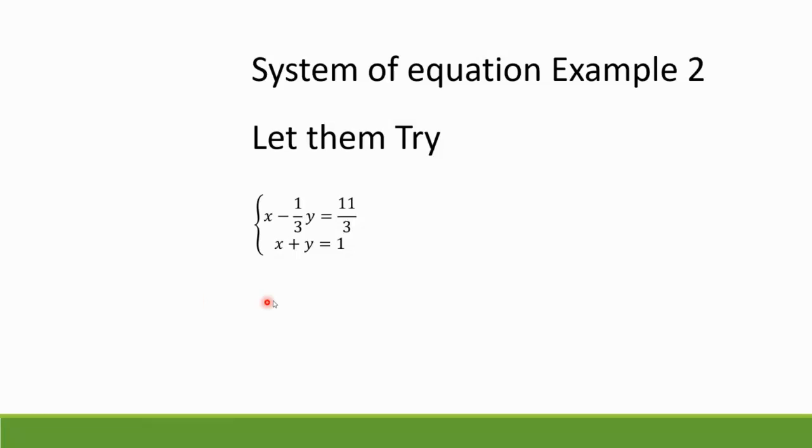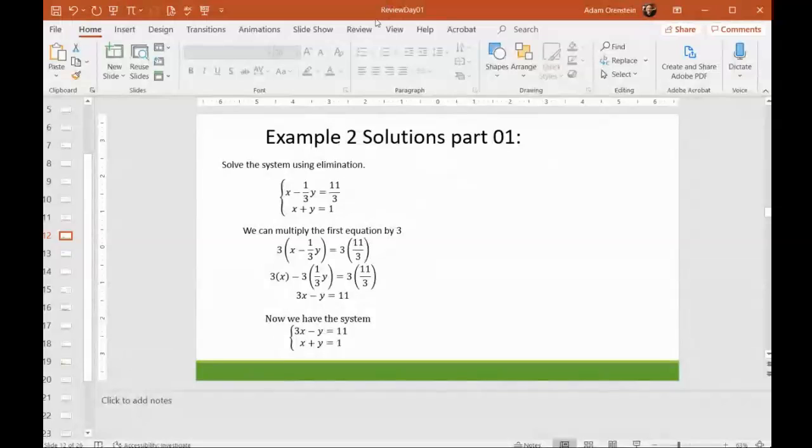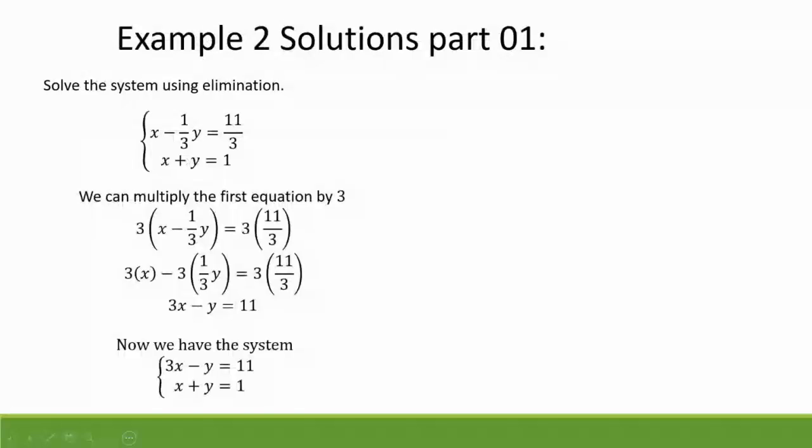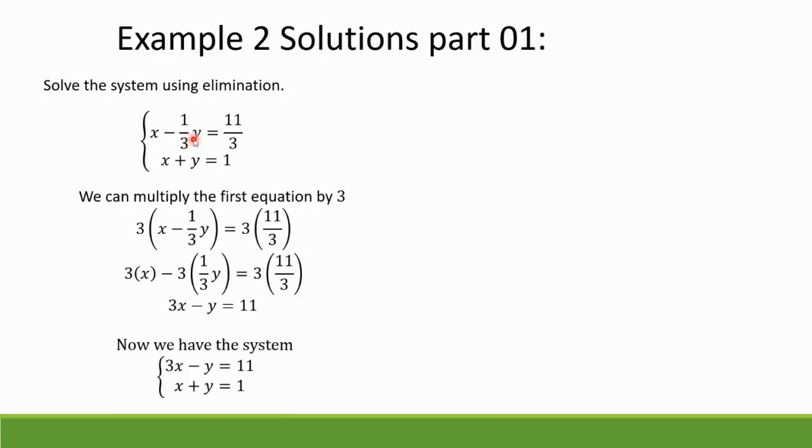So here, as I said, what I would do first, you don't have to do this, but to make it a little bit easier, is eliminate those denominators. You could do that by multiplying both sides by 3.